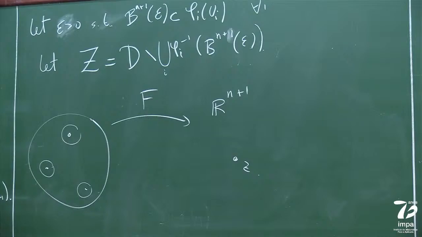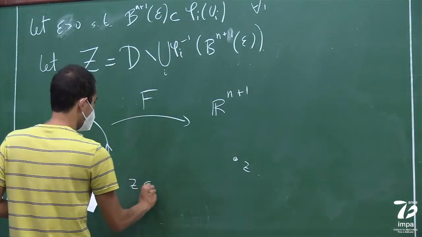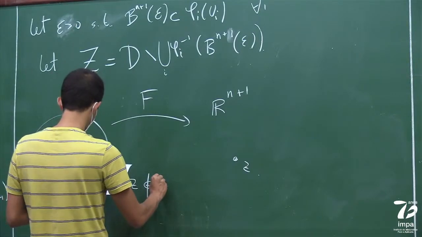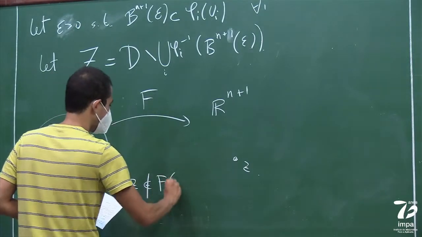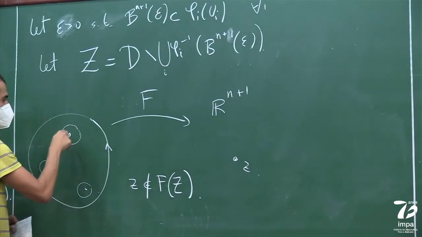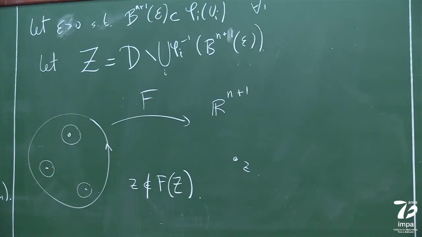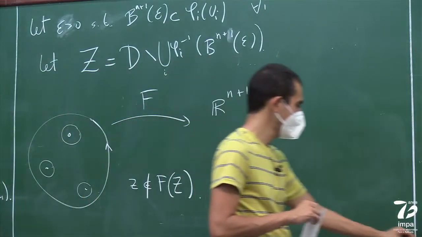Okay, so now what we know is that z does not belong to F of capital Z, right? Because I basically isolated all the pre-images of z in these little balls, and I removed these balls. So then z is not in here.